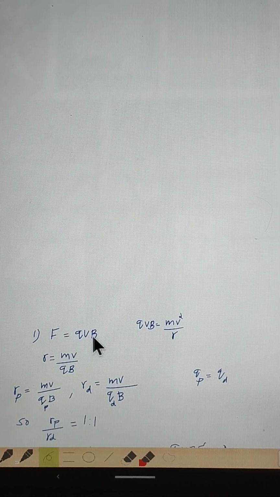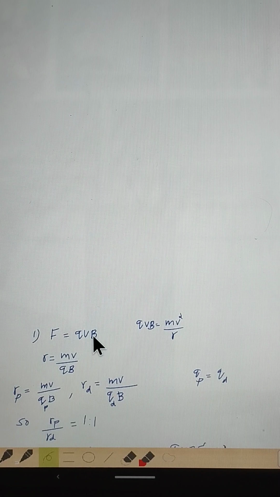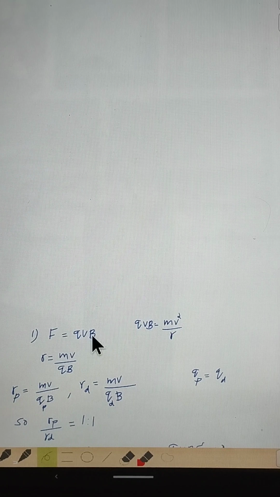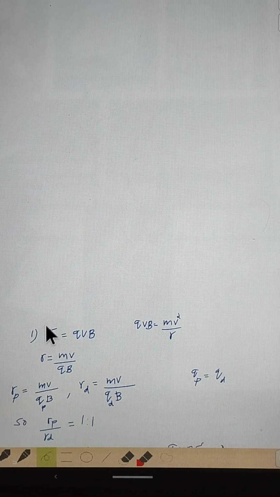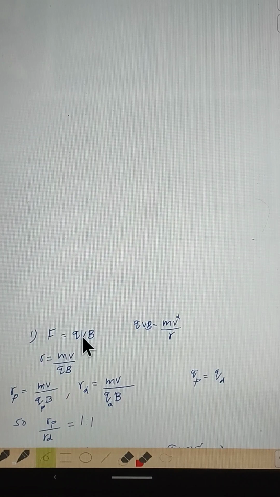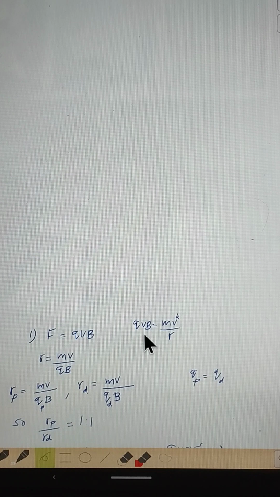When the charged particle is moving perpendicular to the magnetic field, v cross B becomes vB sin 90, so the maximum force will be experienced, and the force will be acting perpendicular to the direction of motion of the particle. So we know that will provide centripetal force.